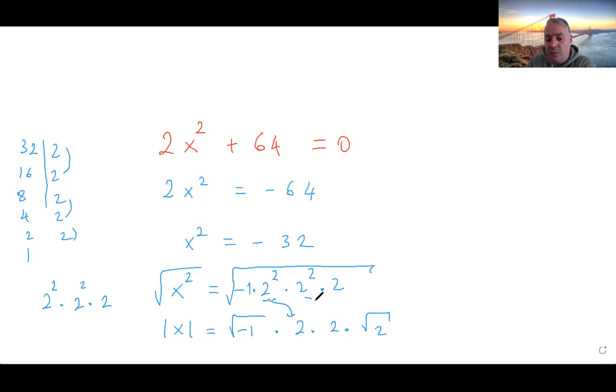This is only 2, so it must stay inside. And we know that radical negative 1 is i. So the absolute value of x equals i times 4 root 2. This is the answer, but we should continue. Since this is absolute value, x is equal to plus minus 4i root 2.